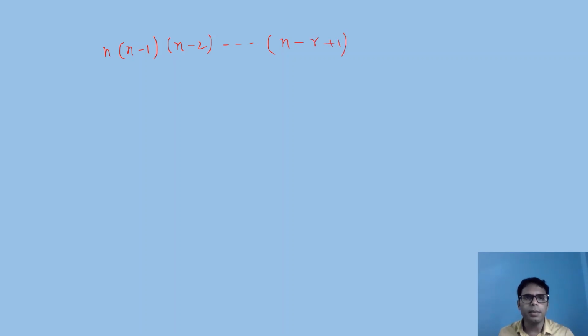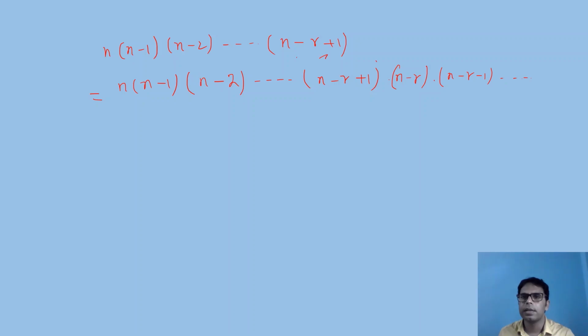So this can be written this way: n minus r plus 1, then what will be the next number? Is it not n minus r? Term by term it is decreasing by 1. Then the next number will be n minus r minus 1 and so on.